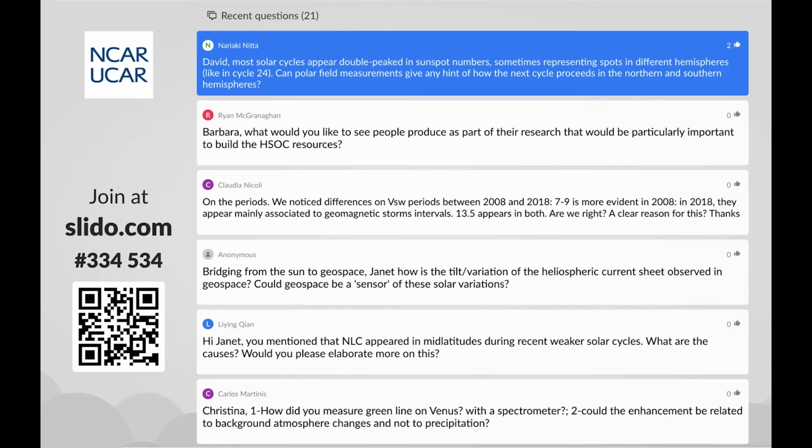They flipped the other way. In all three cases, they were small variations, and I think the bigger thing for the double peaks isn't so much size but timing. When does one hemisphere come on versus the other, and we haven't really addressed that. Okay.